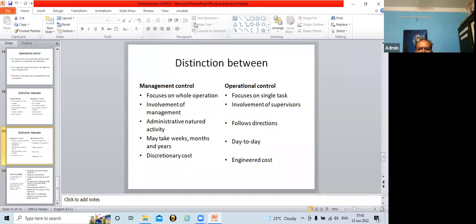So far, whatever we have learned: the difference between strategic planning and management control, and the difference between management control and operational control. In case you have any doubt or query, you are free to ask. Once I get a signal from you, we will go to the next and last slide of today's lecture.